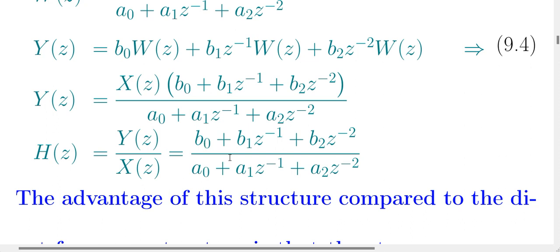So we have just proved that this structure is completely similar to the previous one.